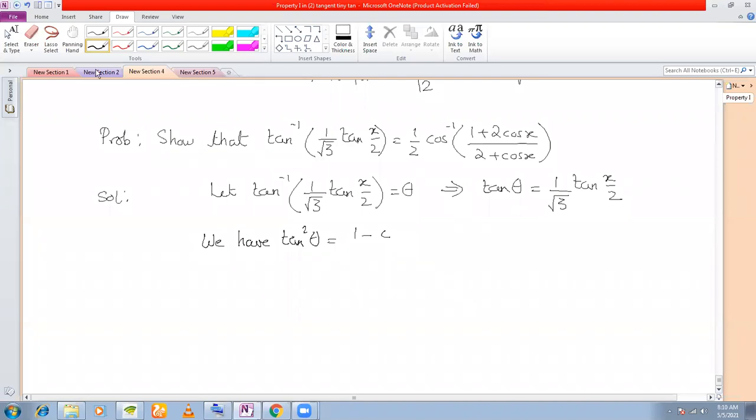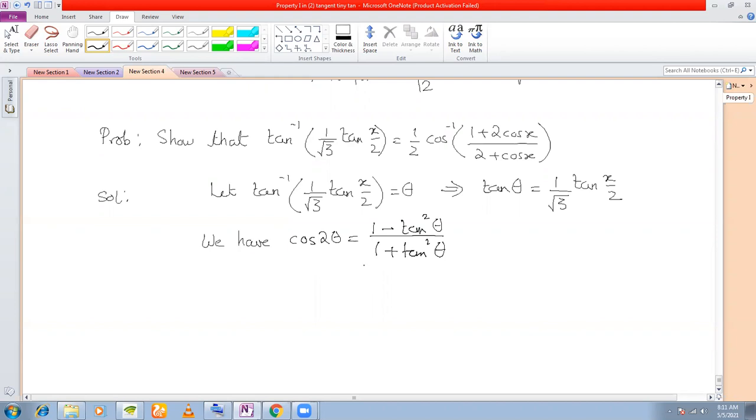But we want cos inverse. So we'll write this in terms of cos 2 theta, because we want it in terms of cos inverse. So cos 2 theta is equal to 1 minus tan square theta by 1 plus tan square theta. You all know this, right? From multiple angle formula. Yes.